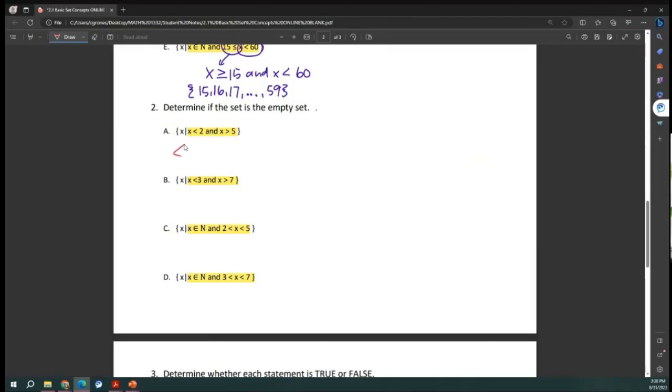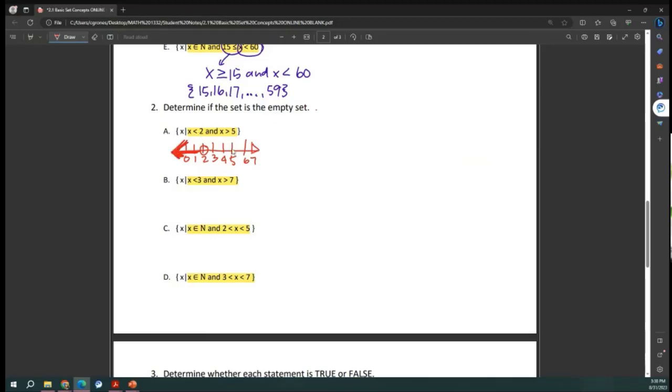So I'm actually going to draw a number line so we can look at this. So X is less than 2. So I'm going to do 0, 1, 2, 3, 4, 5, 6, and 7. So if X is less than 2, we are not including 2, but we're doing everything that is less than. So it would be 1, 0, and everything down.